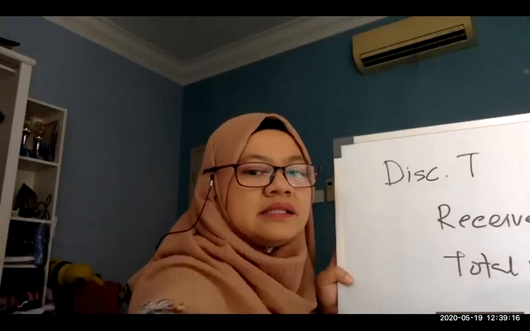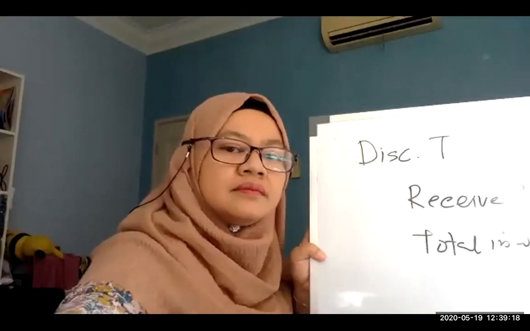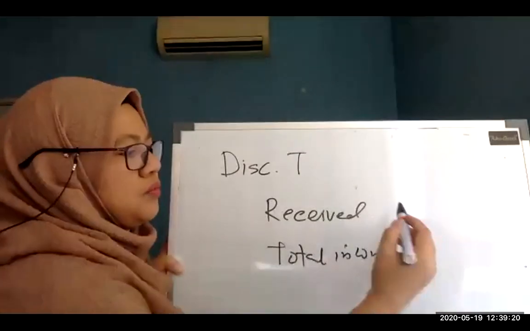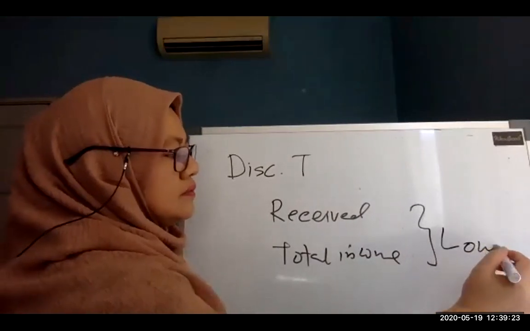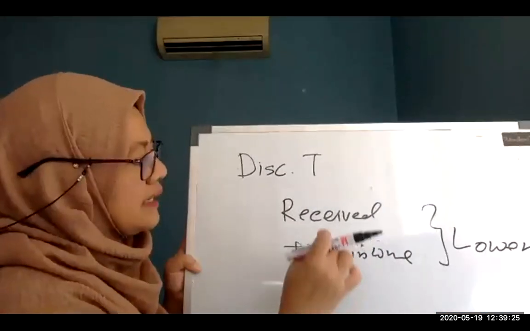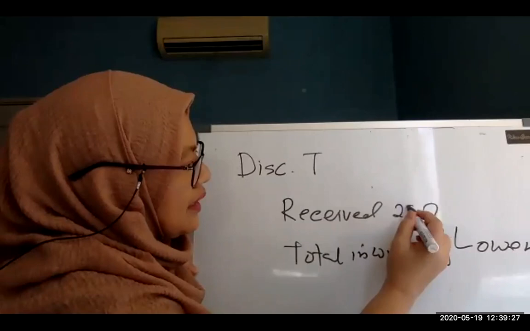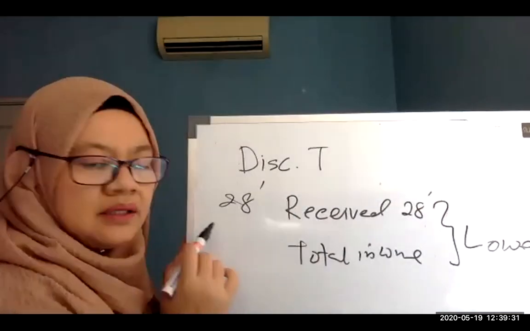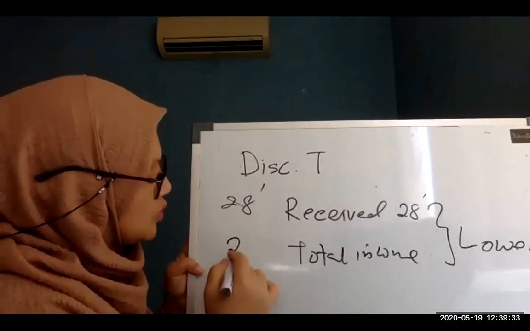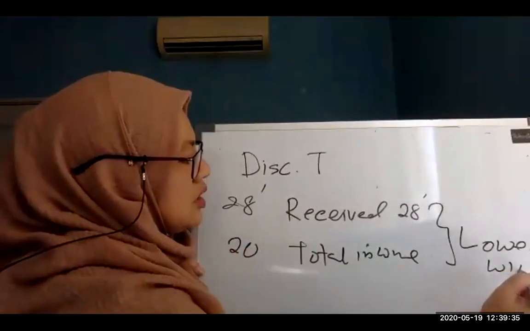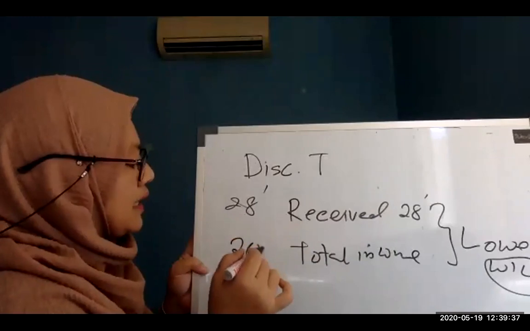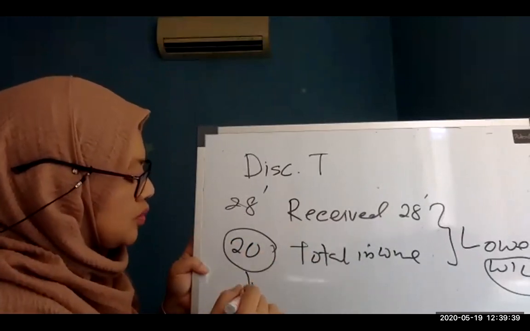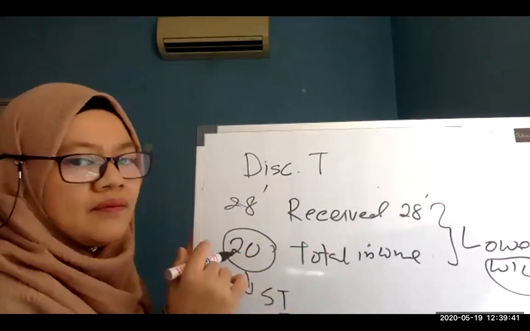In this case, you have to take whichever is lower. You get that? So tadi kita receive berapa? Dia receive 28,000. Tapi amount total income is 20,000. So whichever is lower, then you akan ambil 20,000 as you punya statutory income of the beneficiary.